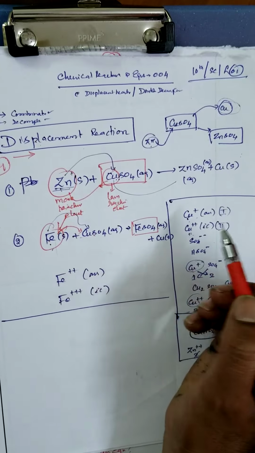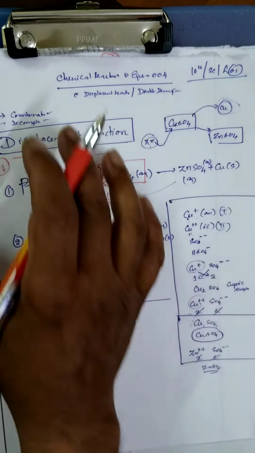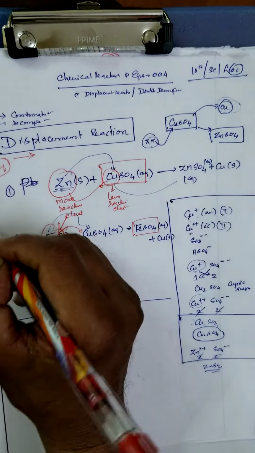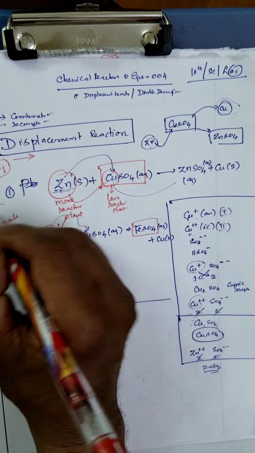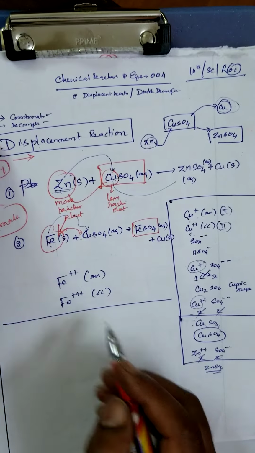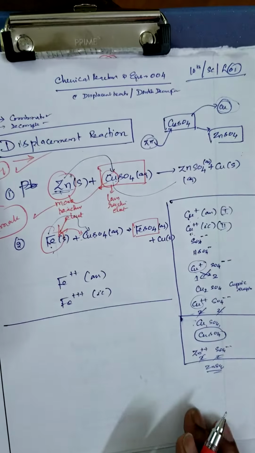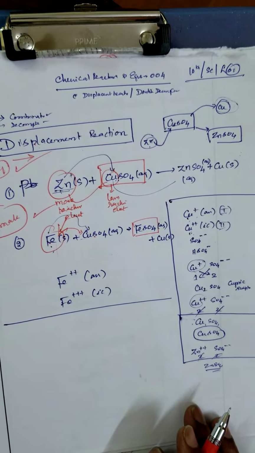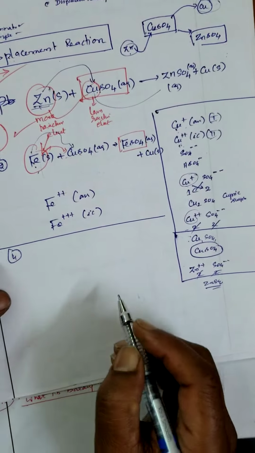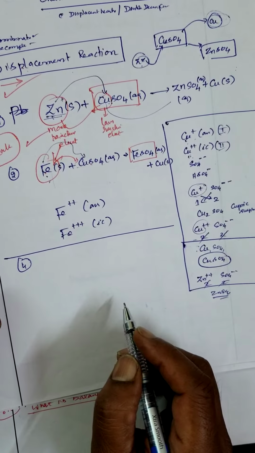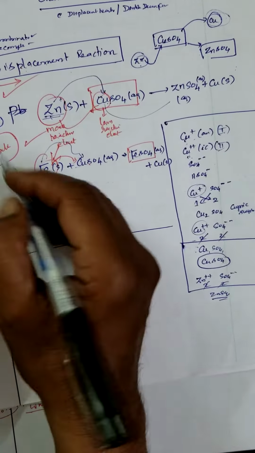Here the new compound formed is like this. Therefore, they may ask you for 2 marks. So to give an example, what is the definition? 1 mark. Example, 1 mark. Out of 2, you can remember any one of that. See, slightly, I'll tell you another example. No, but these 2 are enough.